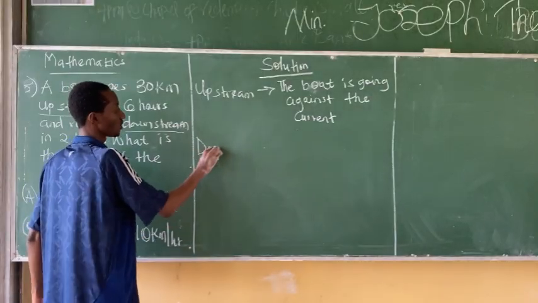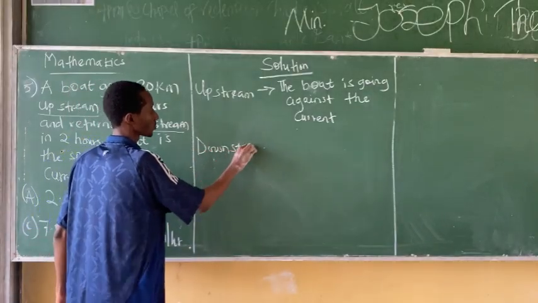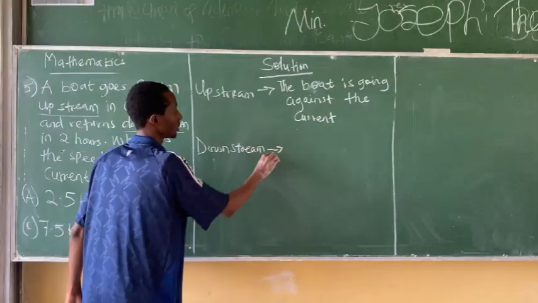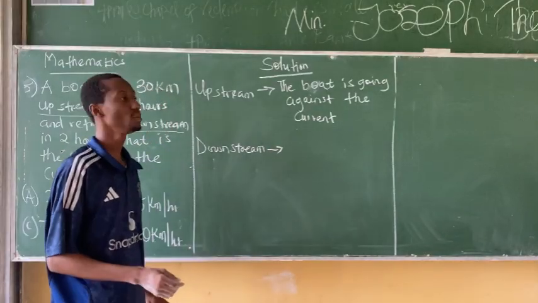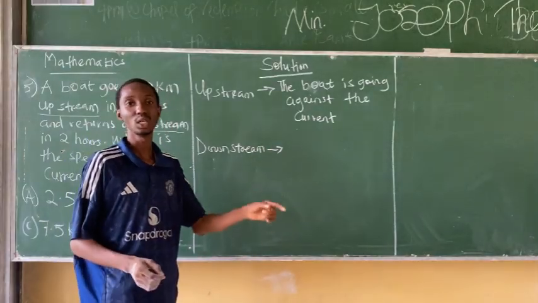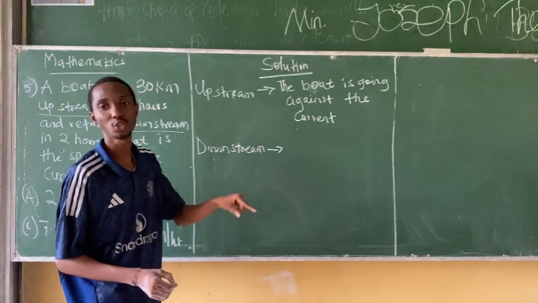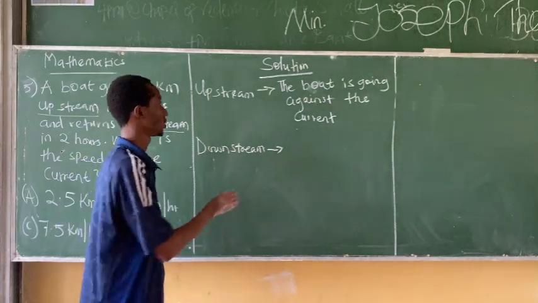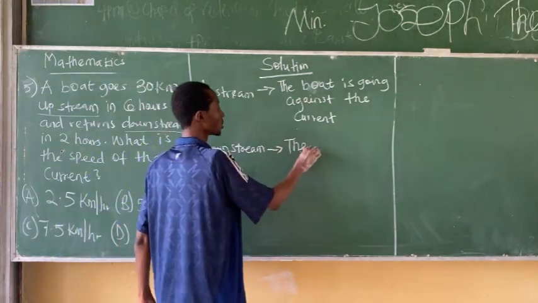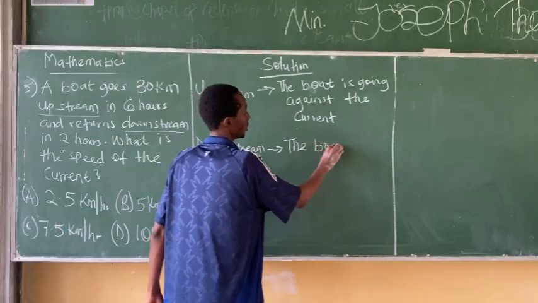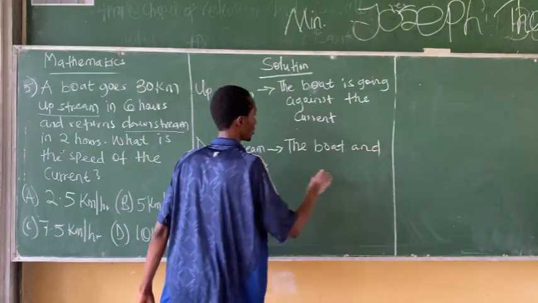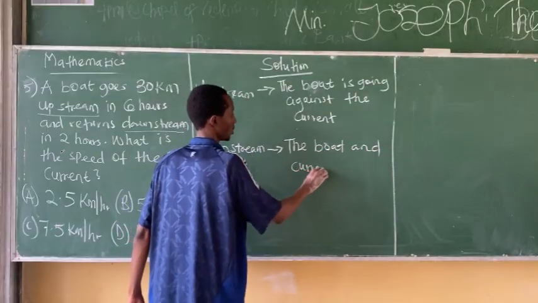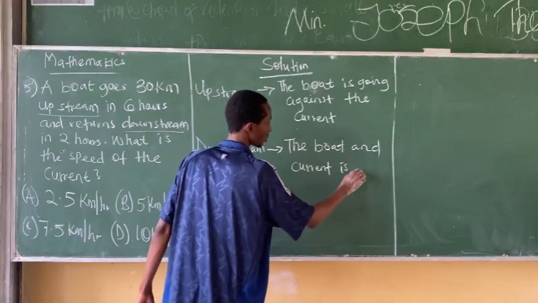The next thing we have is downstream. The downstream here simply means that the boat is moving in the same direction as the current. The boat and current are in the same direction.